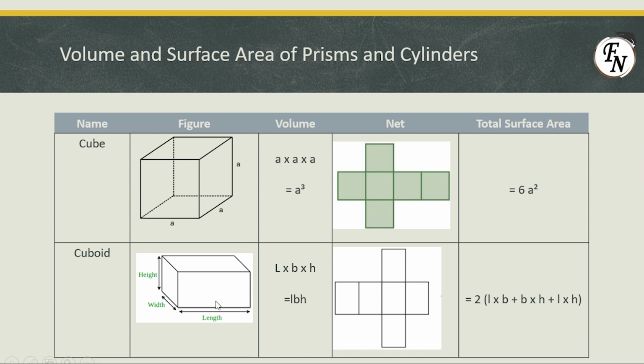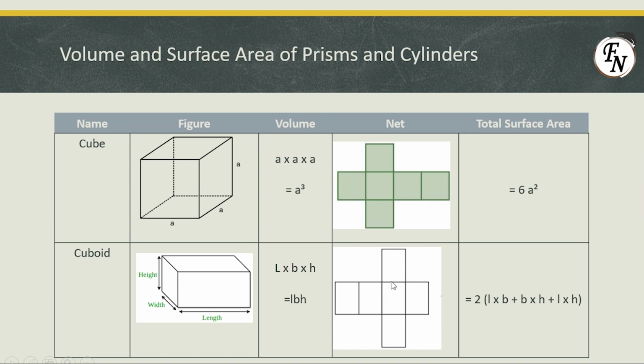As we know, all the dimensions are not equal in a cuboid as they were in a cube. So I need to calculate the area of all the rectangles, all the 6 sides, and I will need to add them up to obtain the surface area.